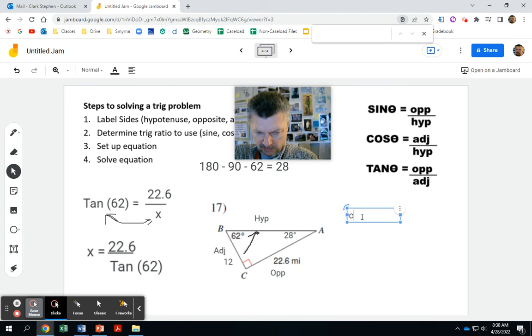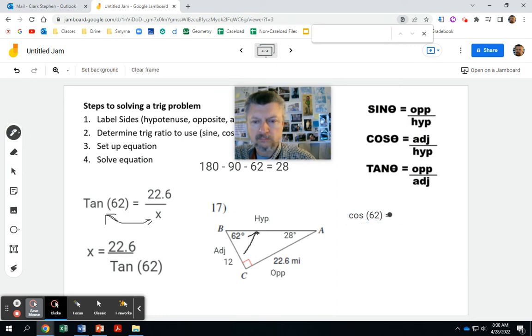So I'm going to set up cosine 62 degrees. It's going to equal the cosine is adjacent over hypotenuse. So the adjacent side is 12. The hypotenuse, we don't know what it is. We'll put an X there because we don't know what that is now. We're looking for that. So hypotenuse is X.